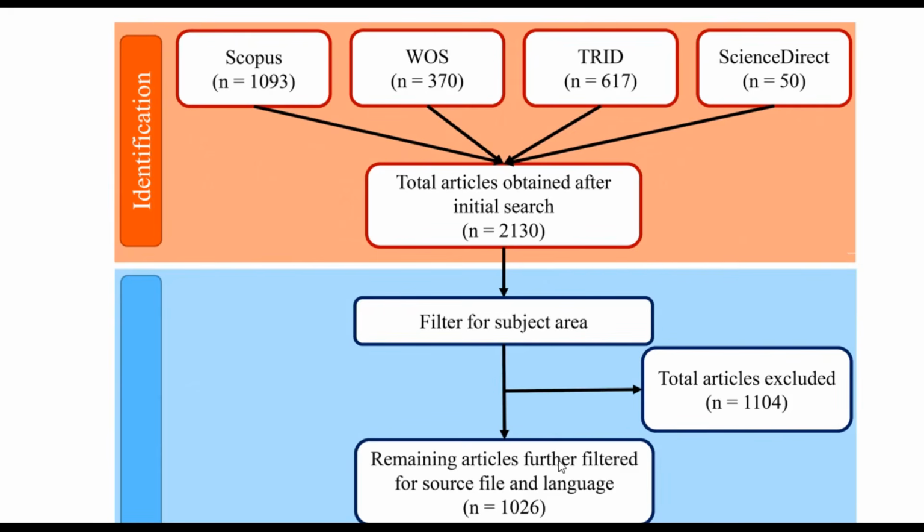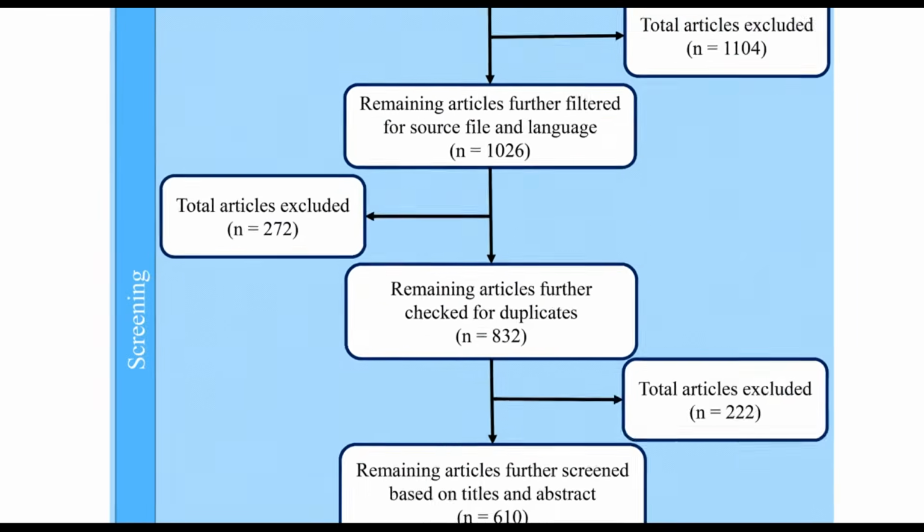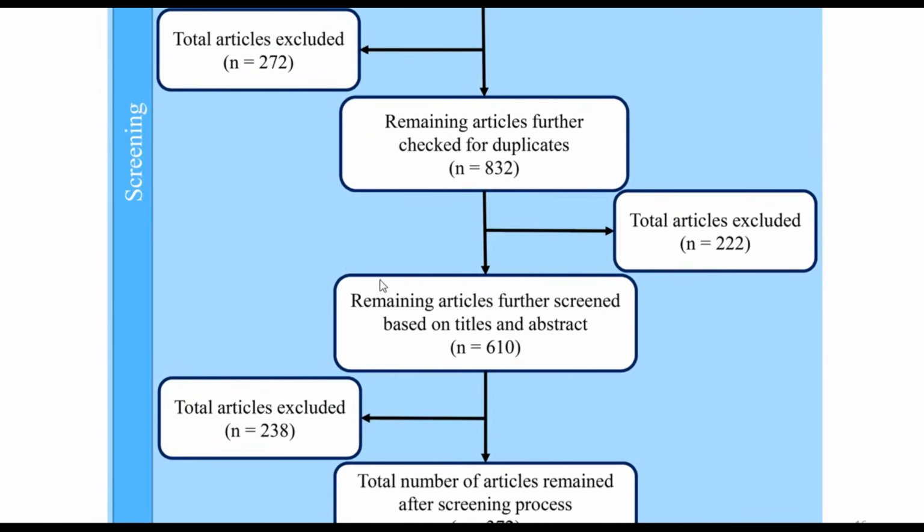Now these remaining articles are further filtered for source file and language because some papers may not be available in English, and therefore the total excluded articles are now 272, and the remaining articles are further checked for duplicates. So a total of another 222 articles are now excluded, and the remaining articles are further screened based on titles and abstracts, and finally you get 372 papers after the screening process.